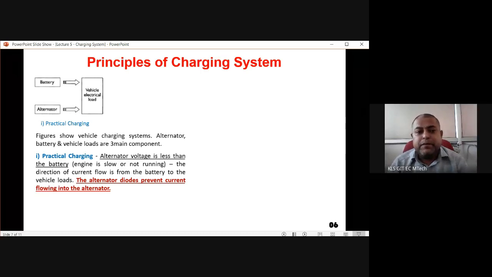So both battery and alternator give electricity supply, AC and DC depending on the requirement, to the vehicle load. One very important thing: if the alternator voltage is less than the battery voltage, with the engine slow or not running, the direction of the current flow is from the battery to the vehicle load. Remember this: the alternator voltage when the car is running should always be greater than the battery output voltage.